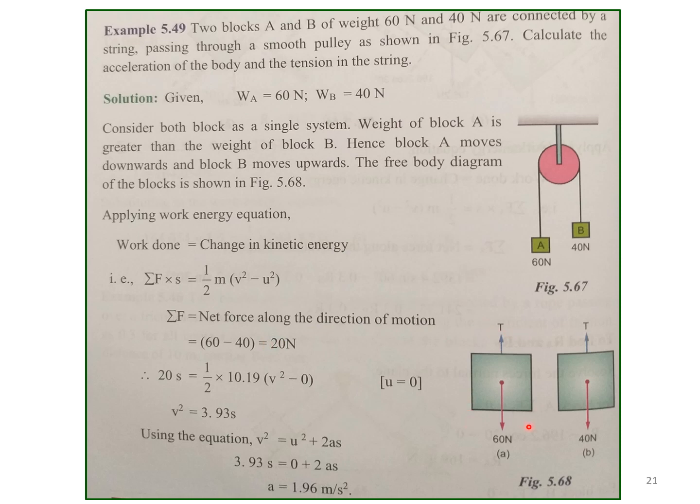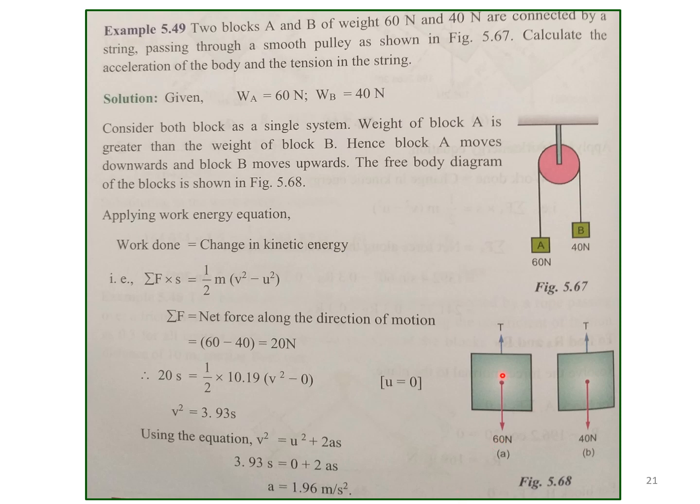So now this is the free body diagram. For this 60 Newton block, the self weight is acting downwards and the tension is acting upwards. Similarly, in the free body diagram of this block, you have the 40 Newton and the tension in the string. To calculate the net force in the direction of the motion, this block is moving in this direction and this is moving in this direction.